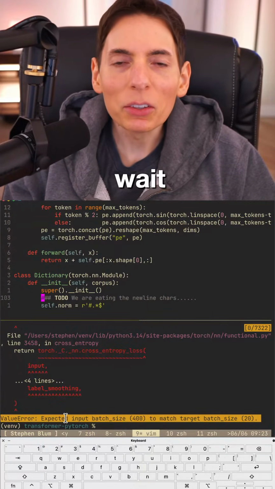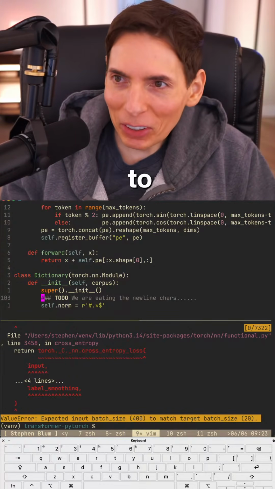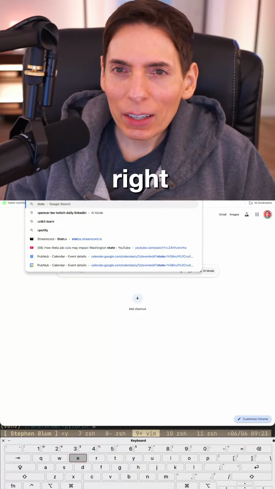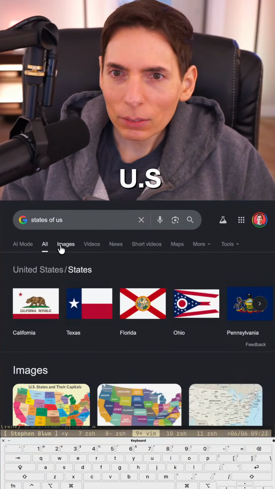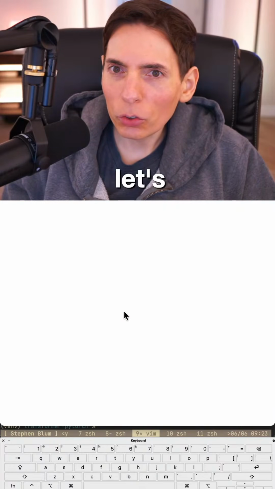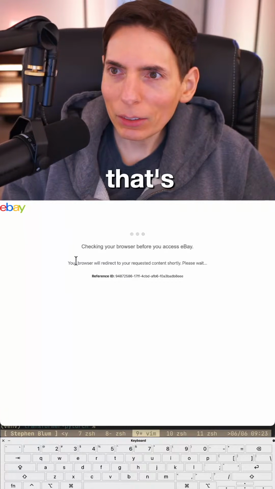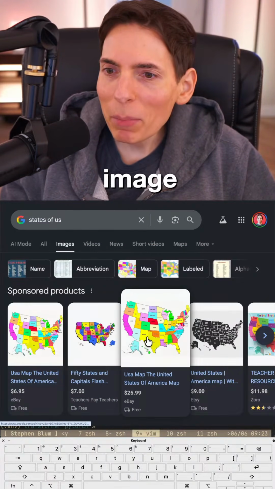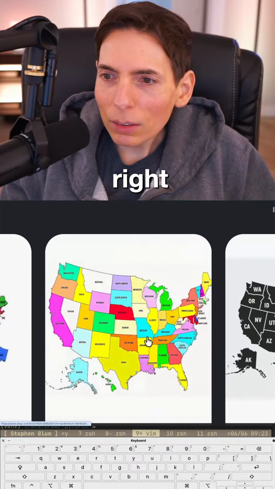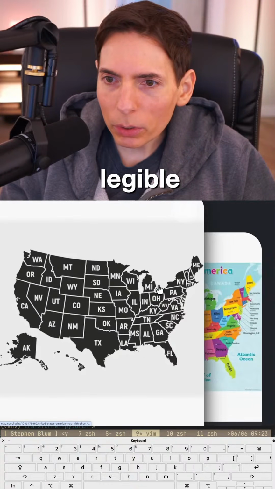Nebraska coincidentally sits on top of Kansas. Wait, are you serious? No way. All right, we have to look at that real quick. States of US. Images. Here we go. All right, let's zoom in. Can we zoom in further? All right, maybe this is more legible.